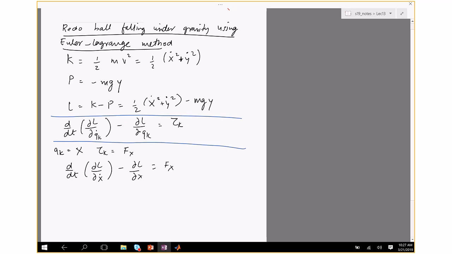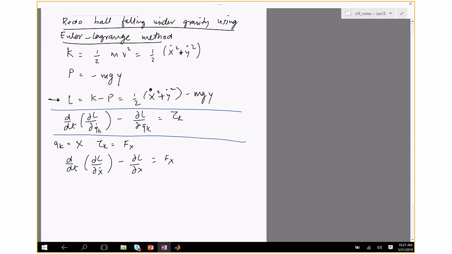For that I need to look at this formula for L. Okay, so d/dt of ∂L/∂ẋ. So when you're finding the derivative of L with respect to x dot, you've got to treat everything except x dot to be a constant. Tau k equals Fx. That's the generalized force.